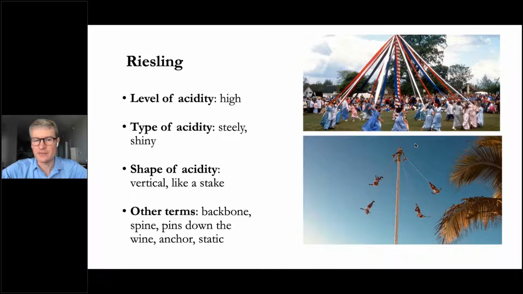So you can see under other terms I've written, it pins down the wine. One way of explaining this is that Riesling is quite a static wine. It will just sit on your palate quite happily and not really have any mind to be anywhere else. It will just hang out there quite happily.